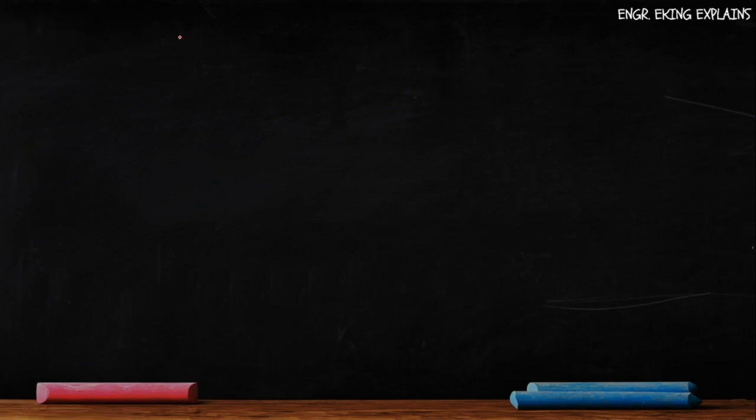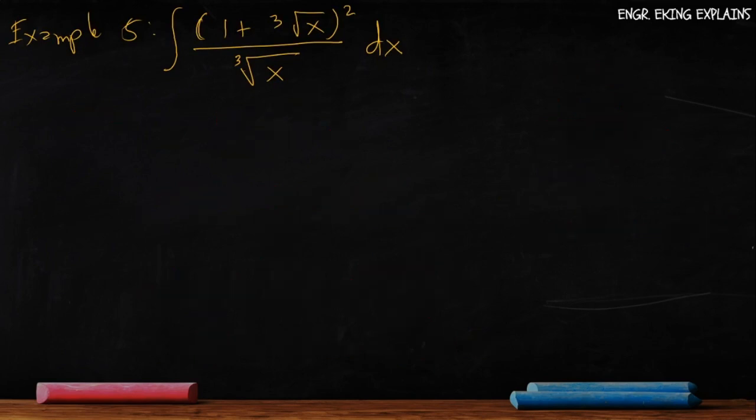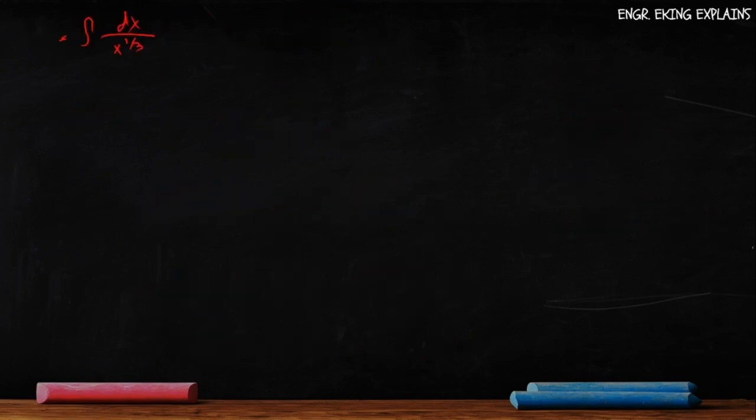Is it plus or minus for the next term? That will be plus. So this will be plus 2 dx, plus also the integral of x raised to the power of 1/3 dx.